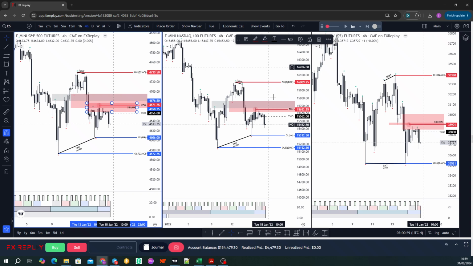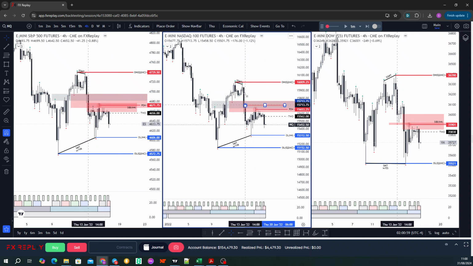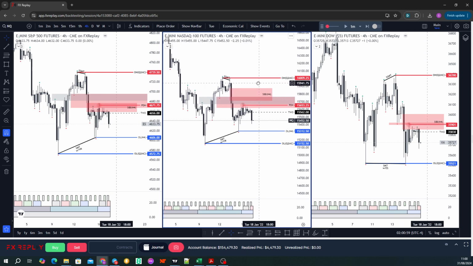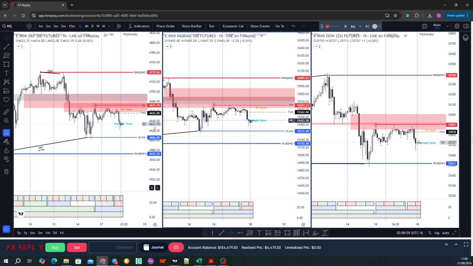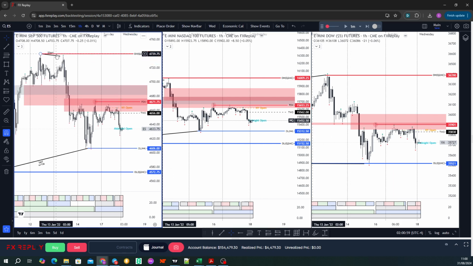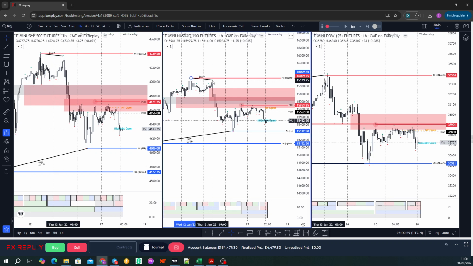I want to just annotate this, just because for NQ this could be key. We can drop down to the hourly now. Remember, institutional order flow for me is determined primarily on the 4 hour. I will refer to the daily if I think that the daily is providing more clarity than the 4 hour.